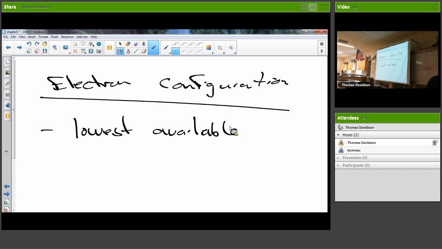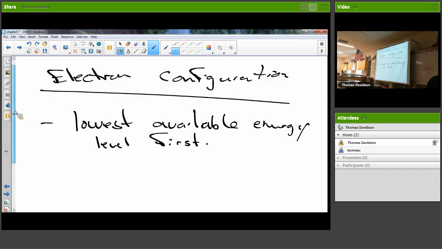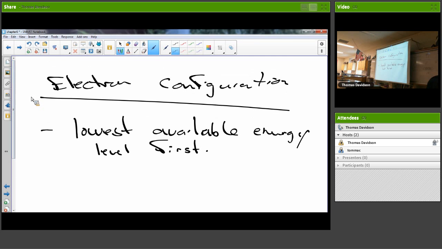I can't spell big words, so just ignore me. All right, so just stick with me. I'll make this make sense in a minute. But first off, essentially, we're building something, we start at the bottom. That's not that hard, right?